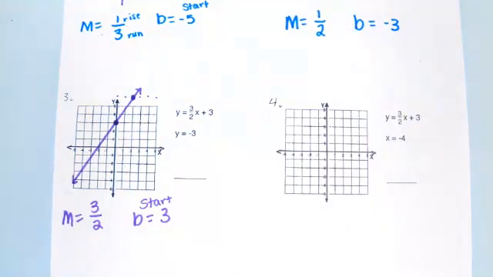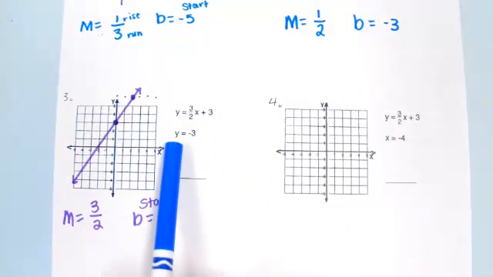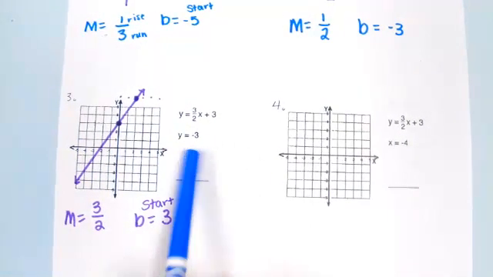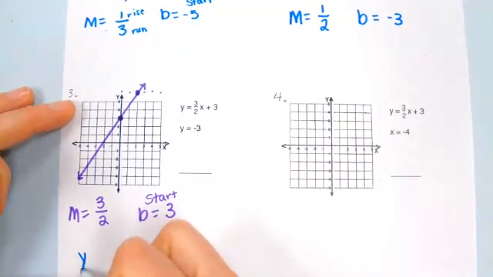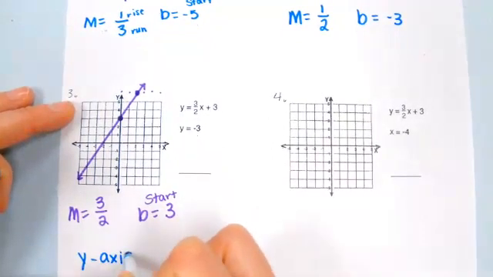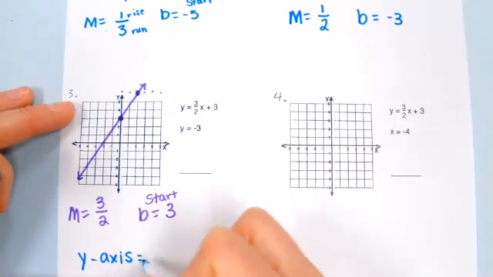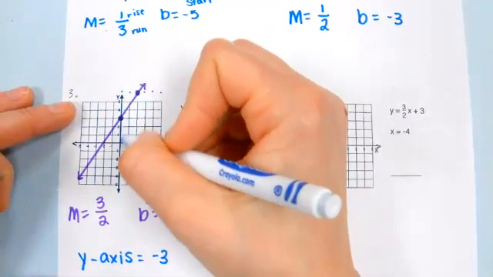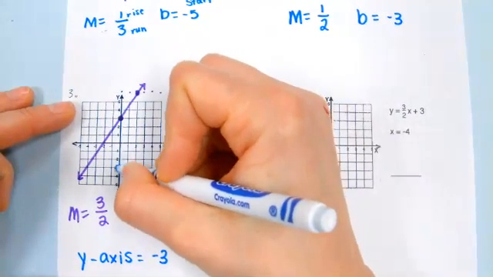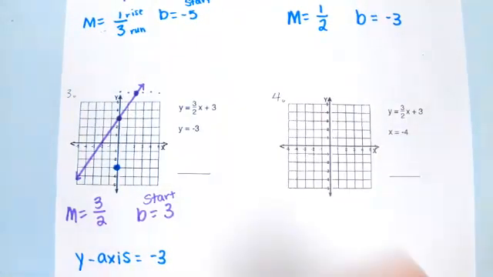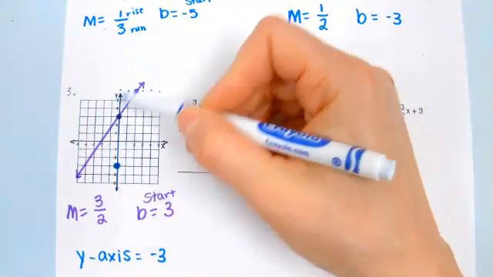Okay, here's the confusing one. y equals negative 3. What that means is there's nothing else there. So this means on the y-axis, find negative 3. Here's my y-axis. Here's negative 3. Now, when we draw these, they don't want to land directly on the axis.